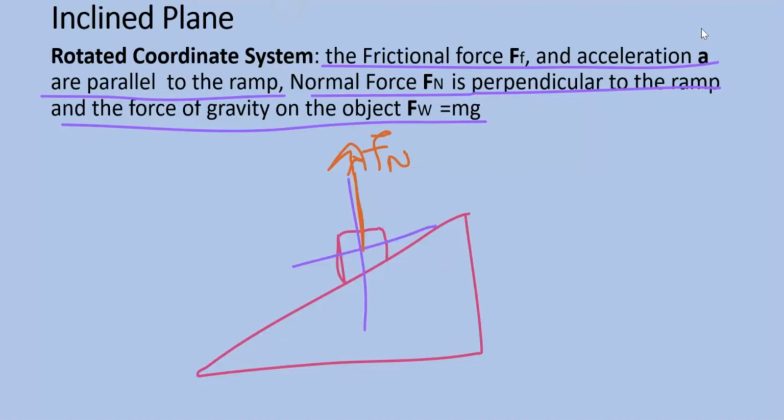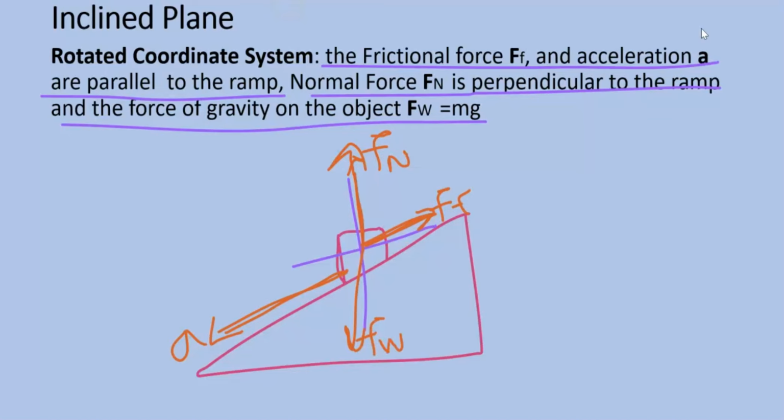Here's the force of friction, goes this way, F of f. And also the acceleration is parallel to the ramp. There is A, acceleration. But the force of gravity is always perpendicular to the object. So this is F, W here. That's how it's been laid out.